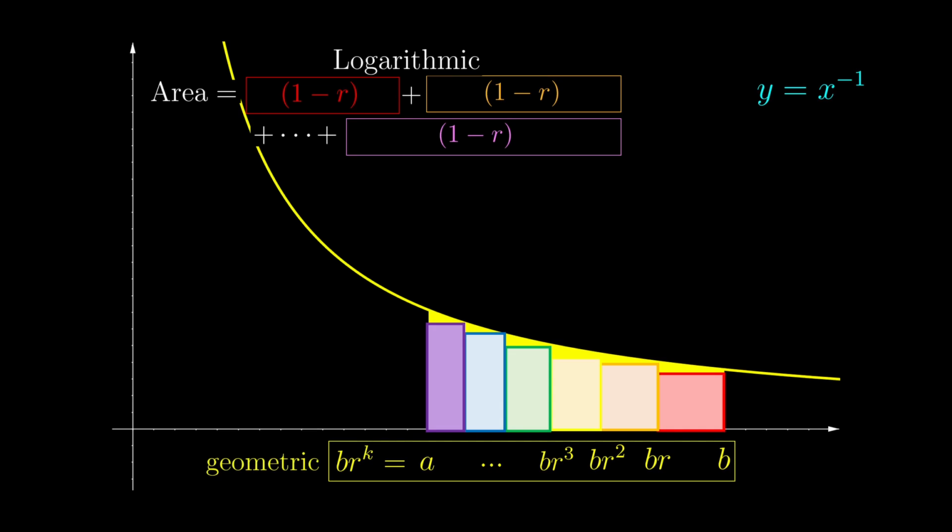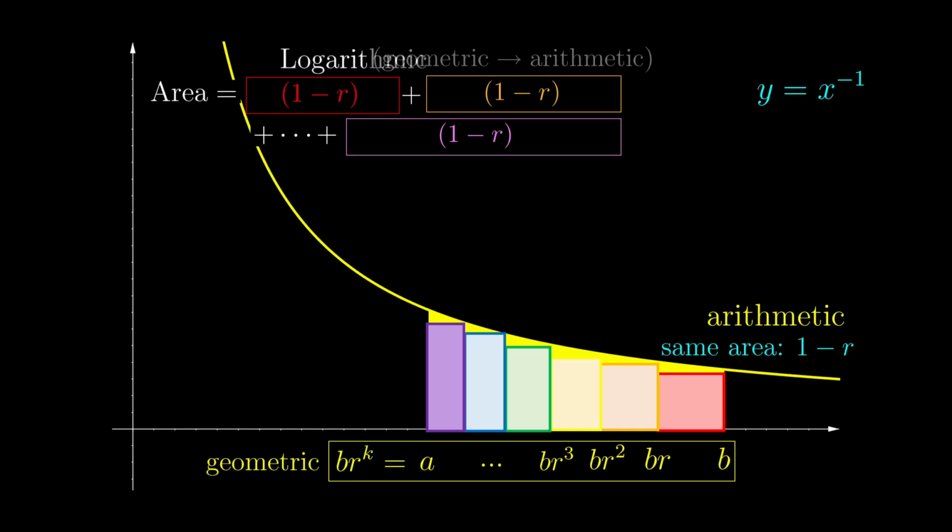The ends of these rectangular strips form a geometric sequence, and the corresponding areas under the curve from b would then form an arithmetic sequence because these areas are the same, all being 1 minus r. And logarithms do just that, changing a geometric sequence to an arithmetic sequence. But in any case, let's resume the calculation here.